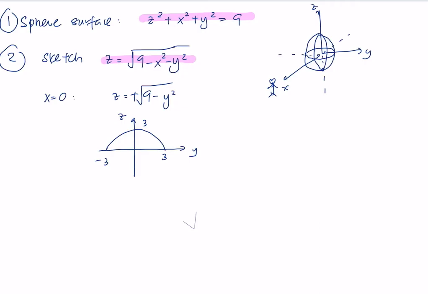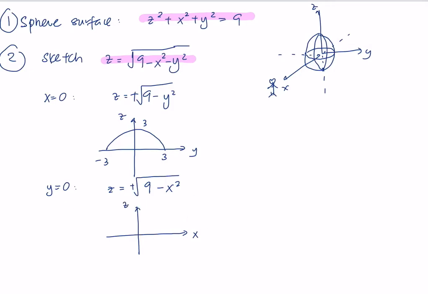Now how about the next trace? Let's say y equal to 0. For the next trace, you have z equal to the square root of 9 minus x squared. For this trace you will obtain the same thing, because this is positive. This is x, and you have z here.